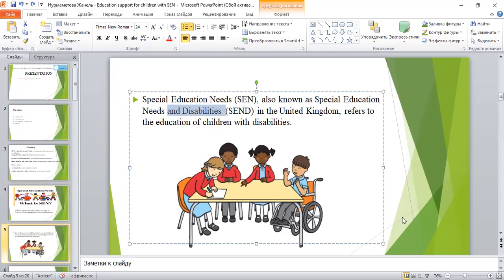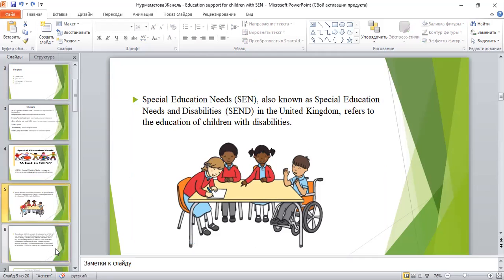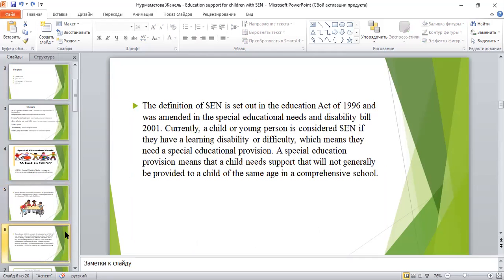And next, the definition of SEN is set out in the Education Act of 1996 and was amended in the Special Educational Needs and Disability Act of 2001.